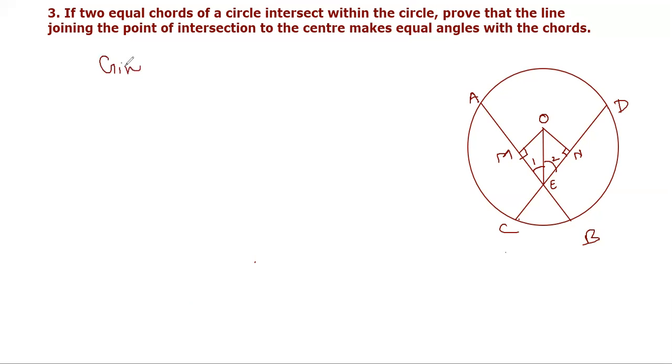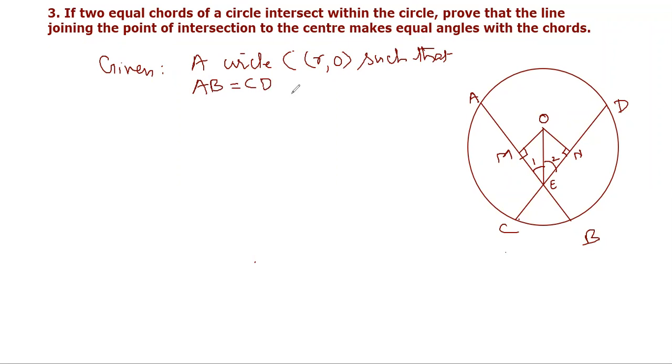We are given a circle with center O and radius R, such that AB is equal to CD. Two chords, AB and CD, intersect at E.